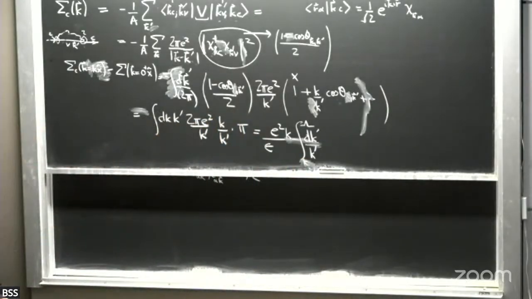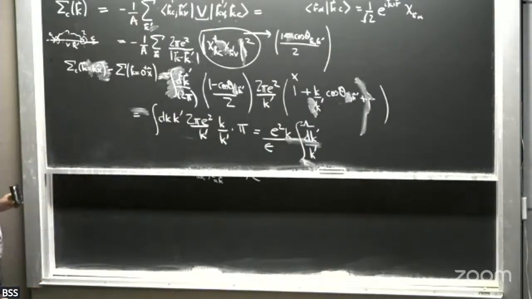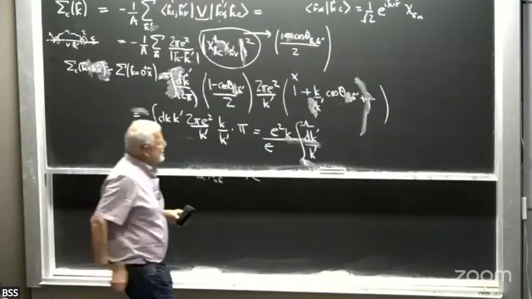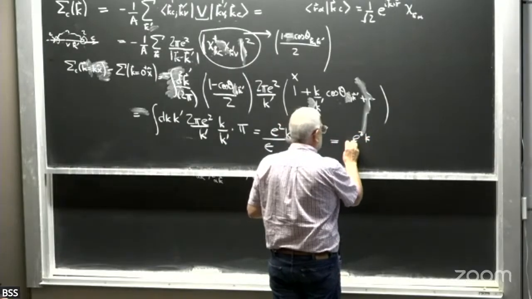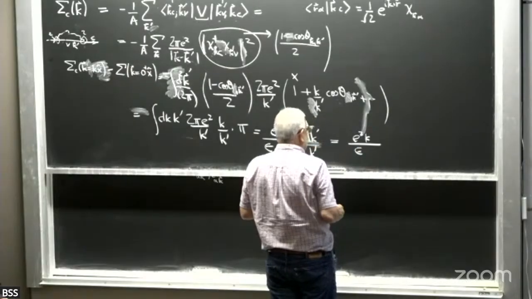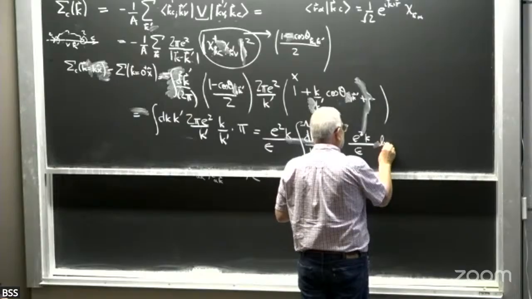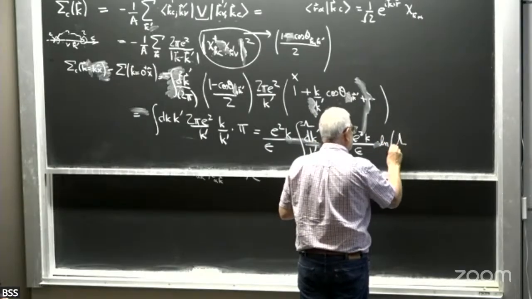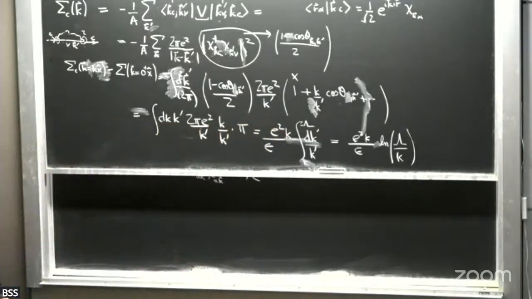Then it turns out that some of the approximations I made broke down, and I no longer have an integrand that's diverging like 1 over k. So the end result of this calculation is that there's a positive contribution to the velocity which grows as k goes to 0.